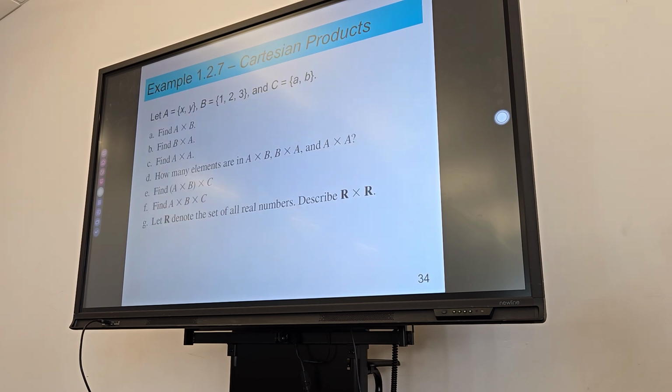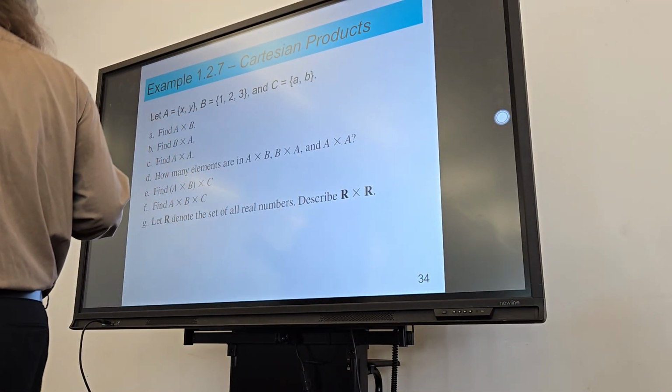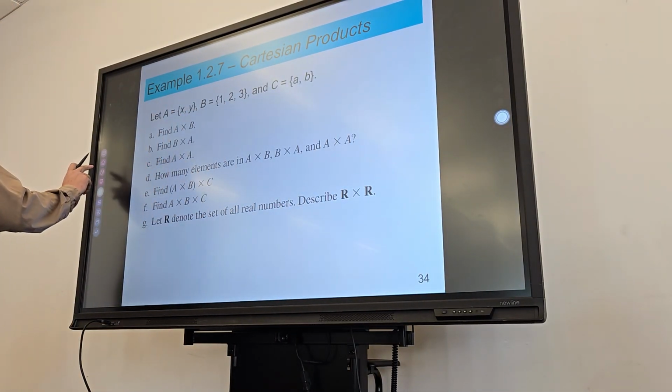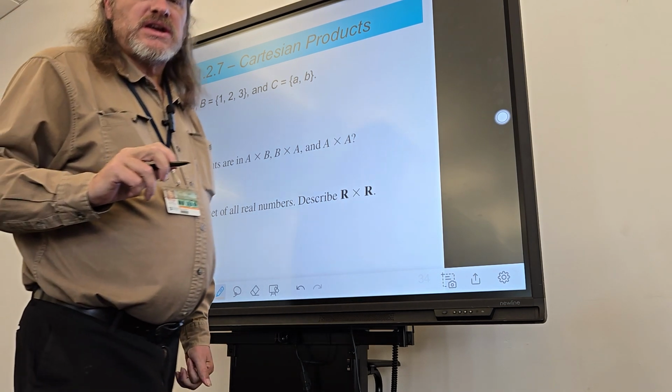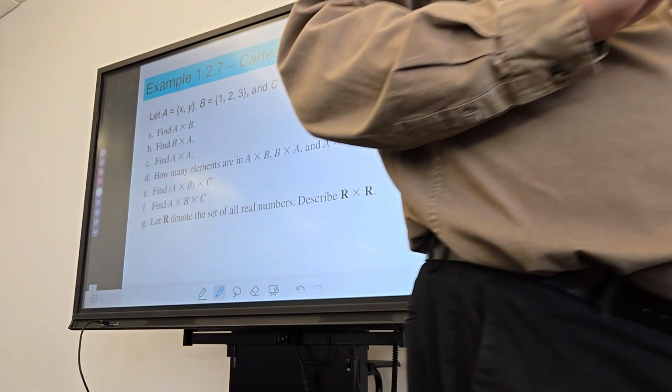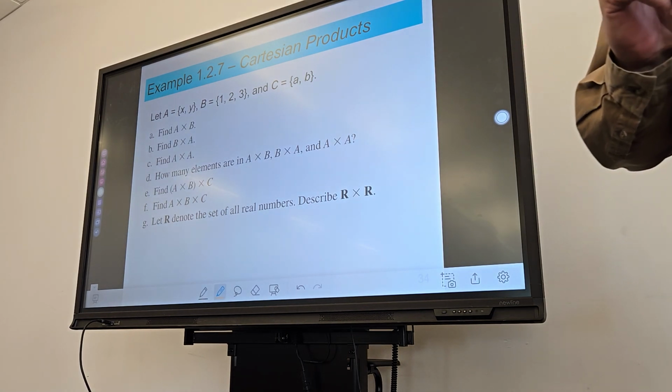So, find the Cartesian product of A and B. What would the result be doing a Cartesian product?